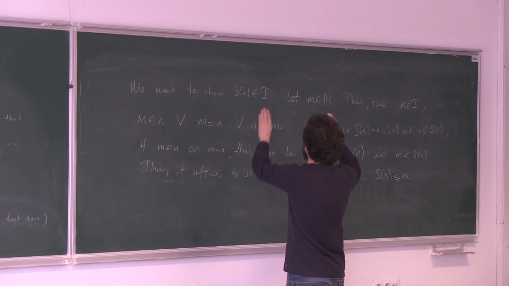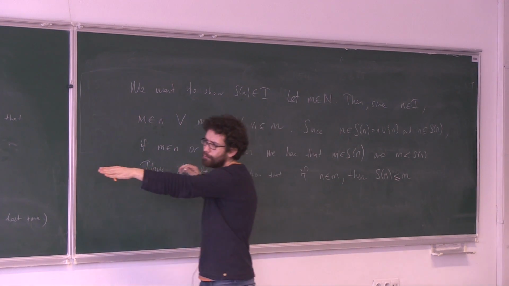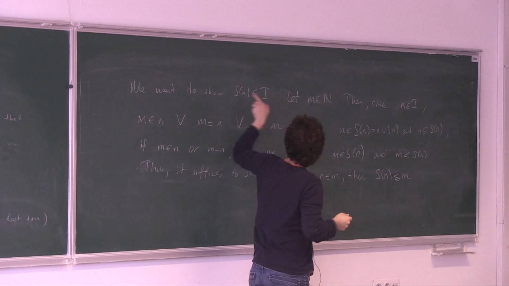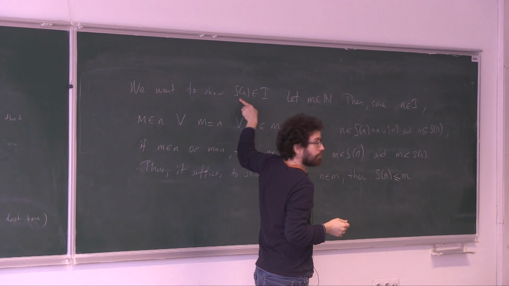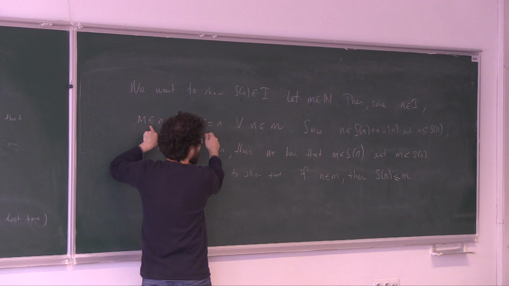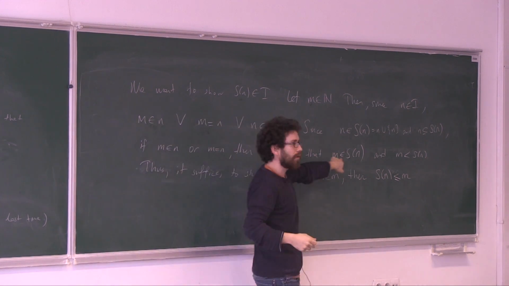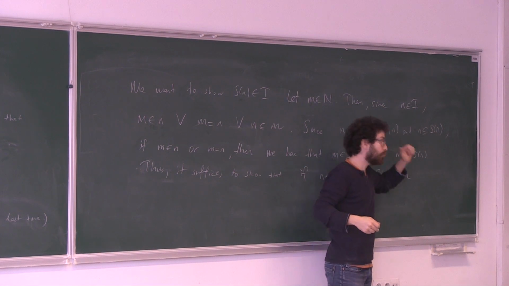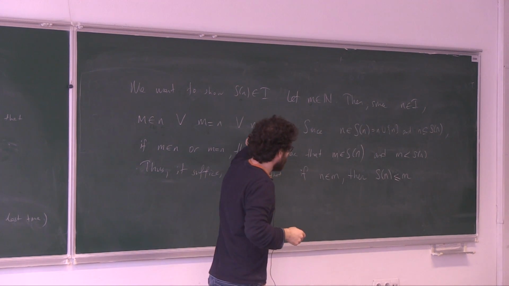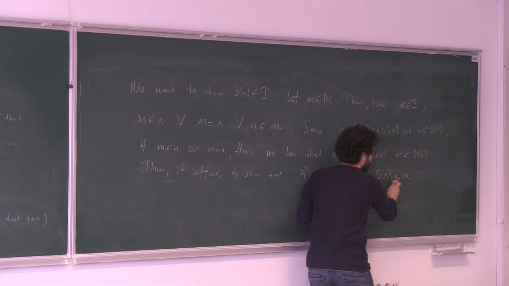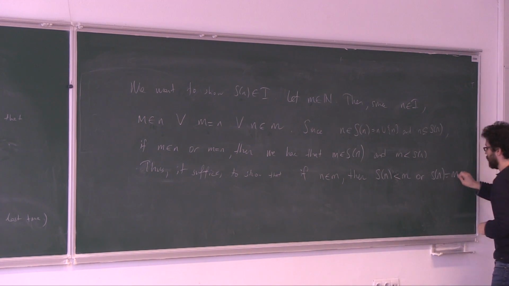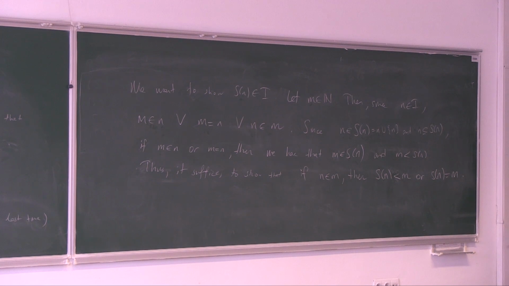I'm trying to prove that S of n is an I. I want to prove that when I take some natural number m, this and this guy are comparable. If I'm in the first two cases, then they are comparable. This guy is strictly less than this. What I want to prove is if I'm in the third case, then they're still comparable, meaning that either this happens or this happens, okay?